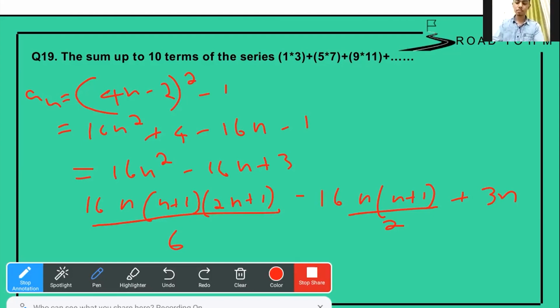Let's see. 20, 21, 21 by 6 would be 7 by 2. 56. 56 minus 56 multiplied by 110 minus 8. 55 multiplied by 16.